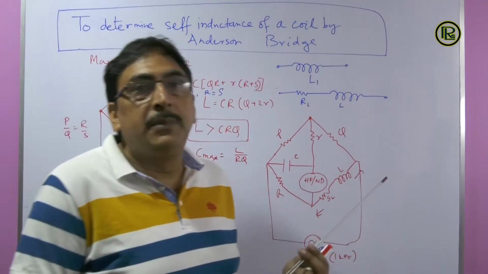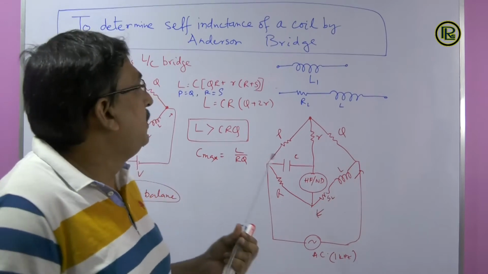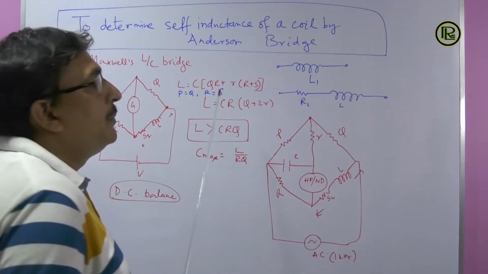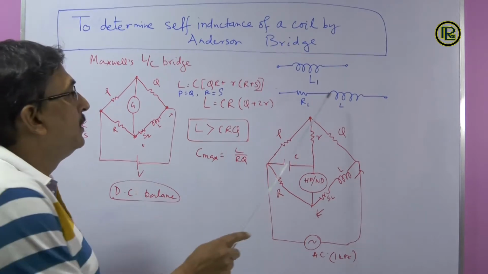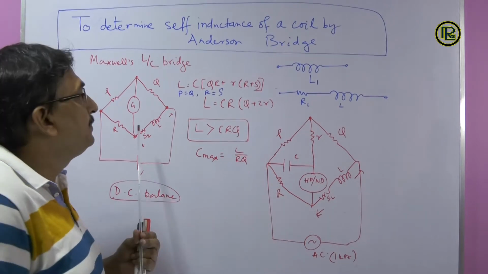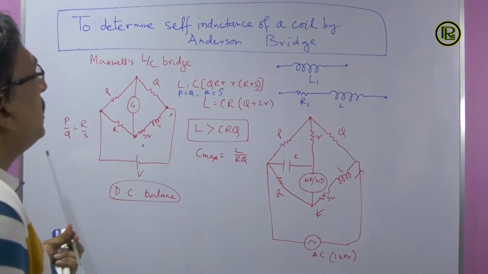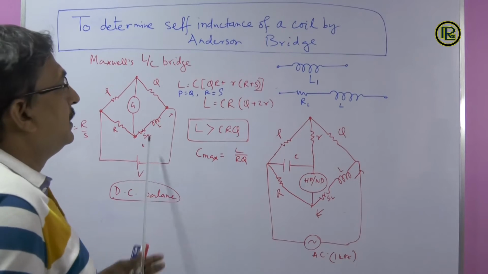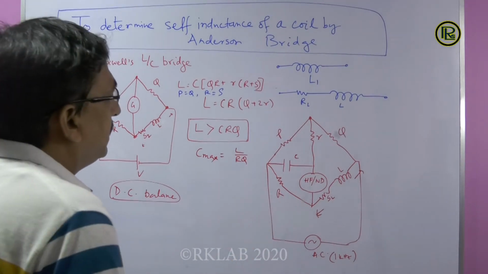In the Anderson bridge experiment, we want to find out the value of this L, the self-inductance of a coil. This pure L value I want to find out. To do the experiment, this is the Anderson bridge.